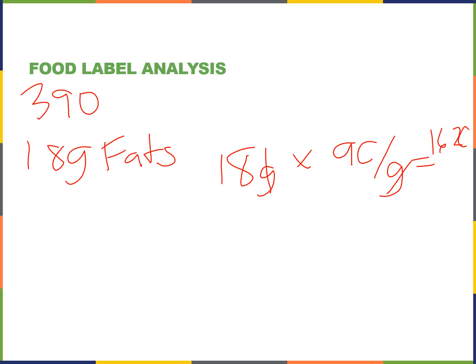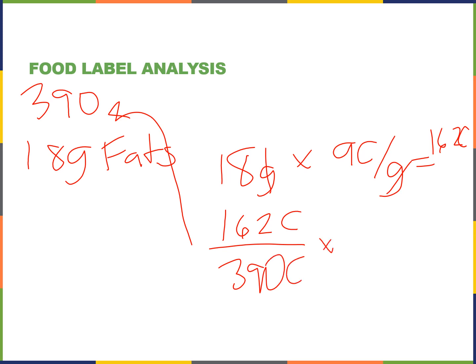What percentage is that? That's what you are going to be calculating on your nutritional label. So you're going to take that number, 162 calories, and divide it by the total calories, which is up here, 390 calories, and multiply that by 100 to get your percentage. So in this case, 162 divided by 390 is 0.4, let's just say 0.42.